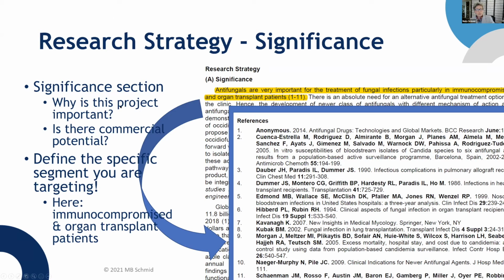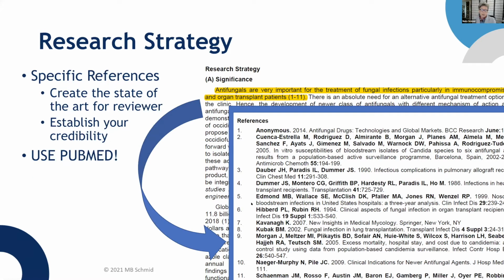So two important things here: a real clear statement why this project is important, and later on we'll see, is there commercial potential? And then also, they don't just leave this as fungal. We're going to create new antifungals. We're creating new antifungals for immunocompromised and organ transplant patients, and segmenting the market already by that statement.